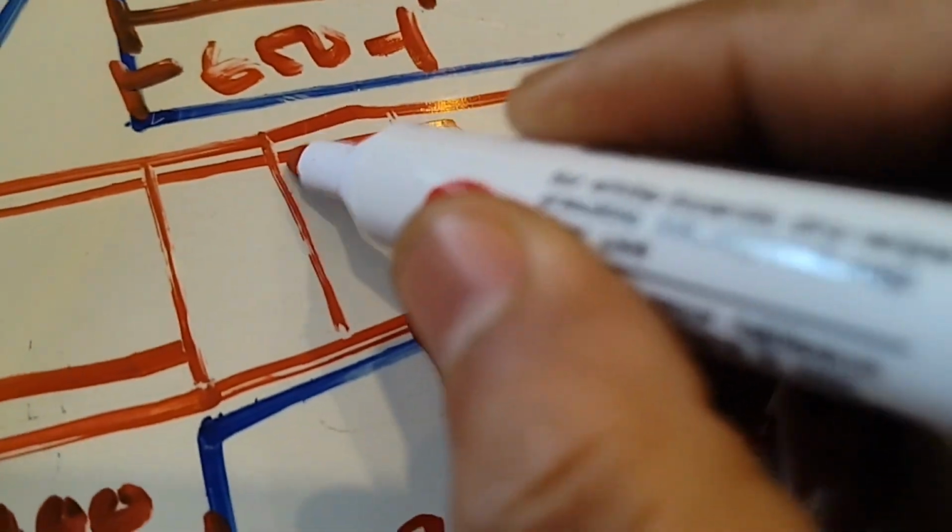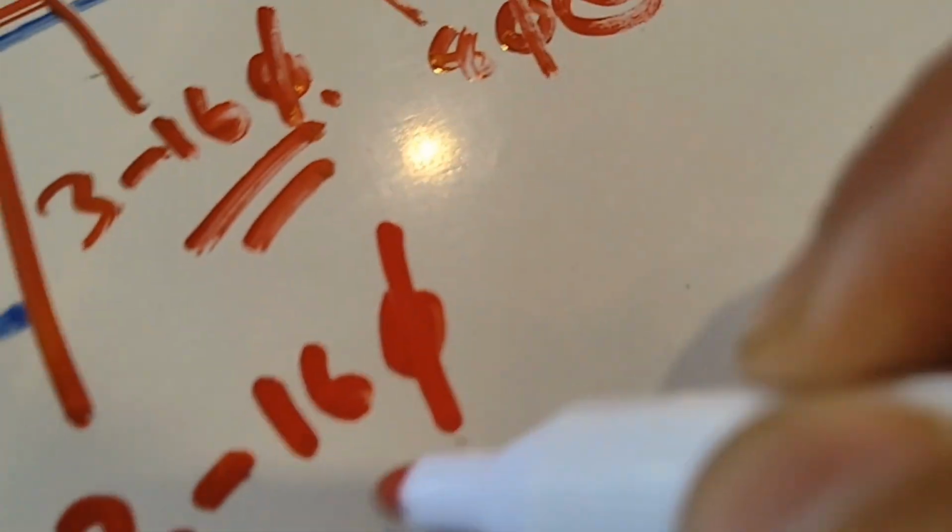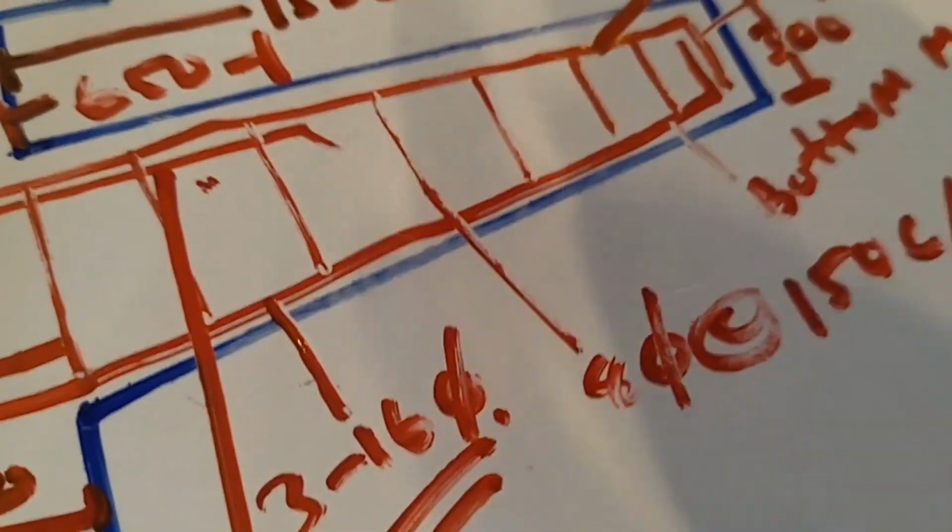So extra bar thing achigi we should provide extra bar the come to provide two numbers of 16 die double, two numbers of 16 die extra bar.